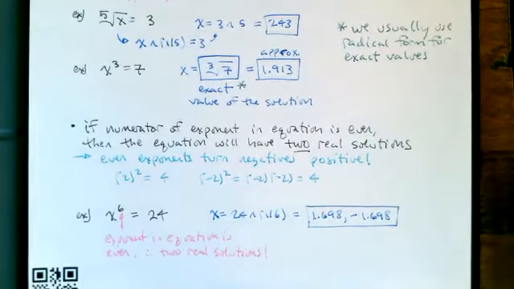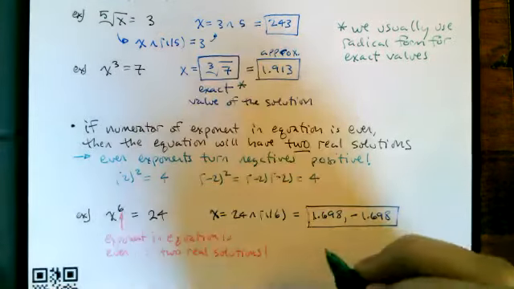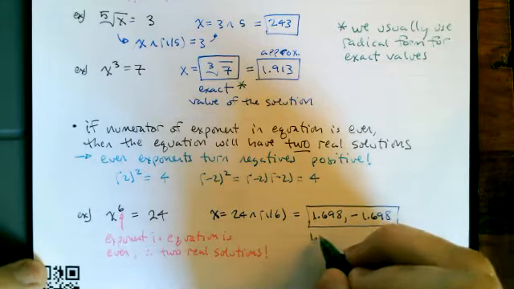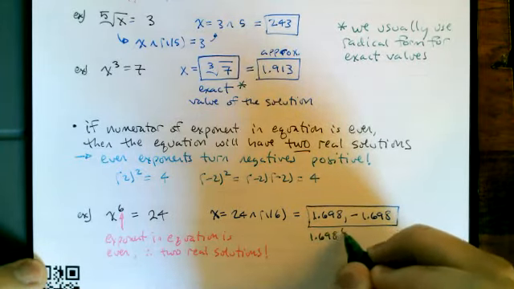Those are both real numbers that when we raise them to the 6th power, we get 24. So if we take 1.698 to the 6th power, we'll get 24.